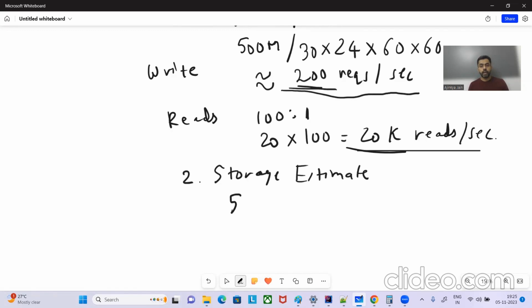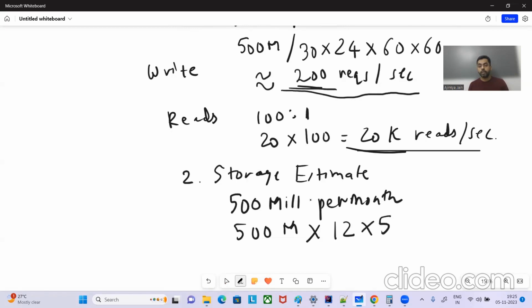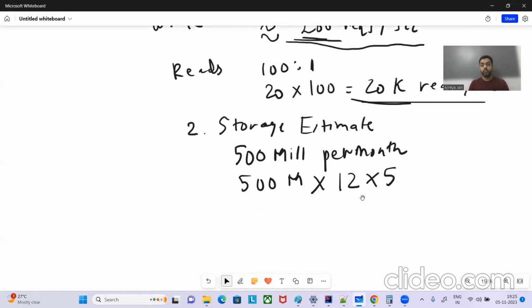So considering 500 million per month, and we want to store this data for 5 years, it would be 500 million into 12 months, into 5 years. How many URL records will we have to store?